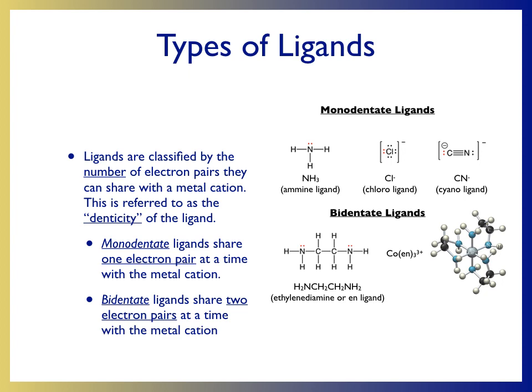Another common bidentate ligand that is seen in transition metal complexes is the oxalato ligand, or ox. This is C2O4.